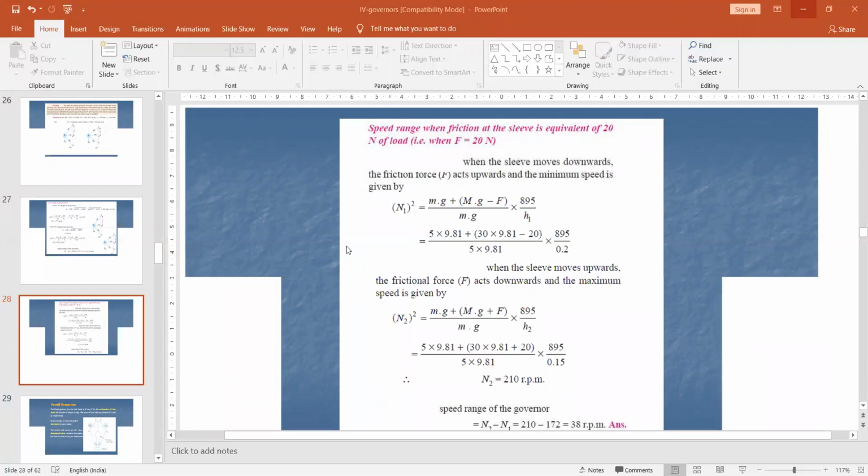The minimum speed is given by N1, so this speed value belongs to our N1.